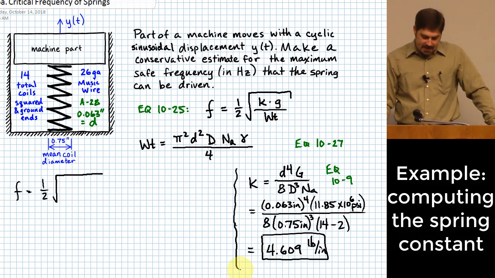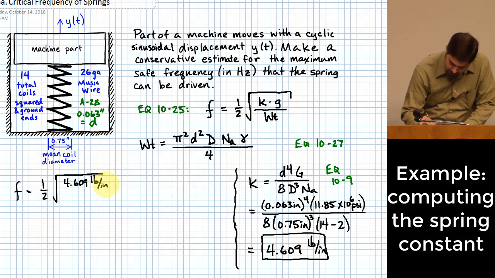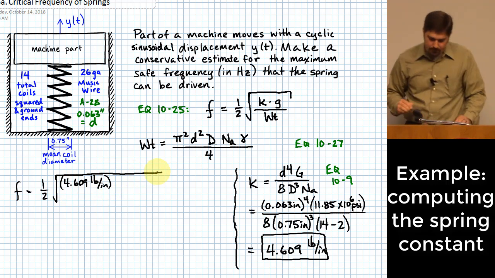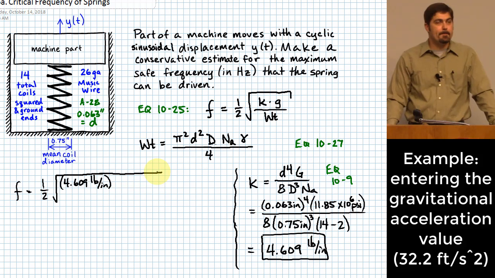And so what I do is I take that k value and I put it up here, 4.609 pounds per inch. All right, now what's g?